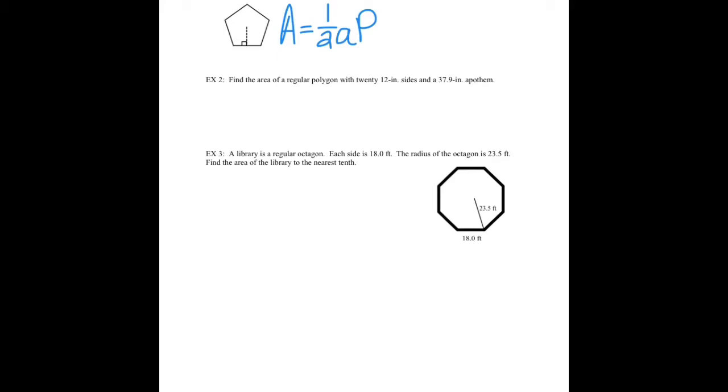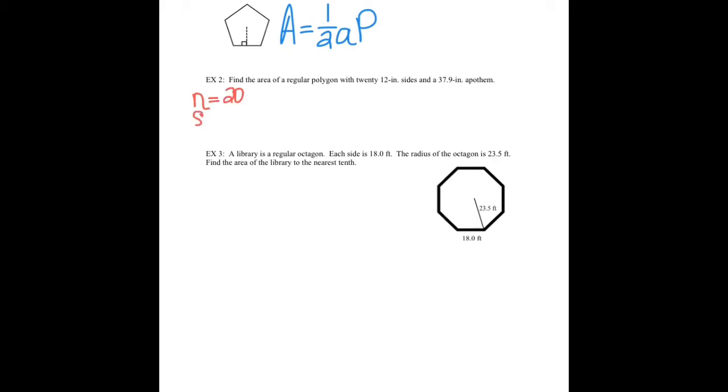So for example number 2, I have to find the area of a regular polygon with 20 12-inch sides and a 37.9-inch apothem. So I know that the number of sides is 20.